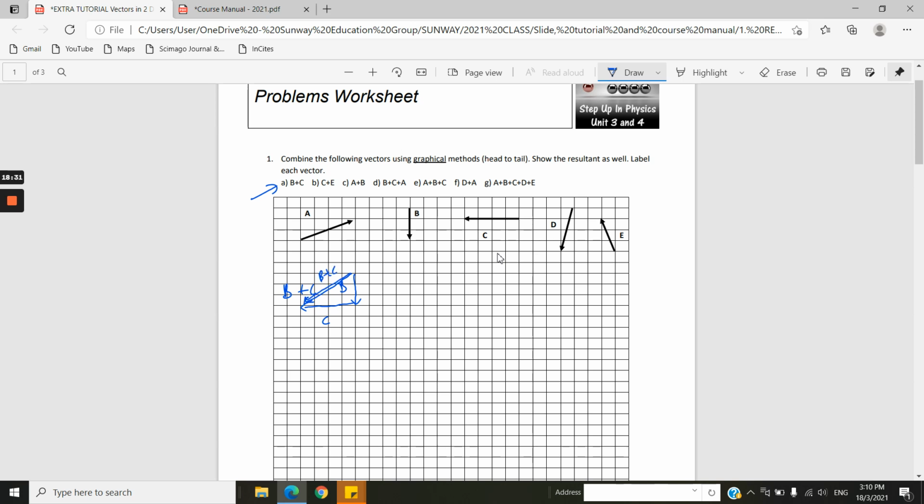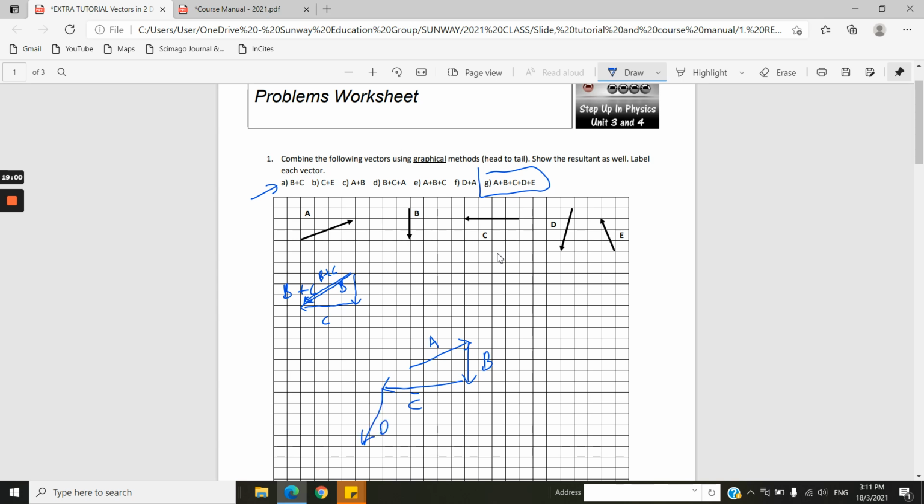So the difficult example is this one, A plus B plus C plus D plus E. So you plot your A first. I don't follow the grid, but you must follow this. I just roughly show you how to do it. Then you add B, then you add C. This is the easiest method, triangle, which everyone likes so much.